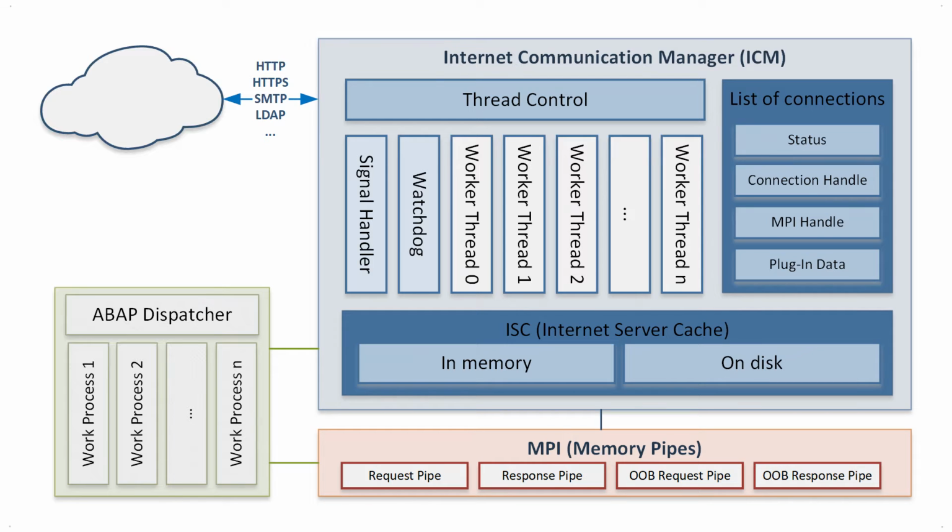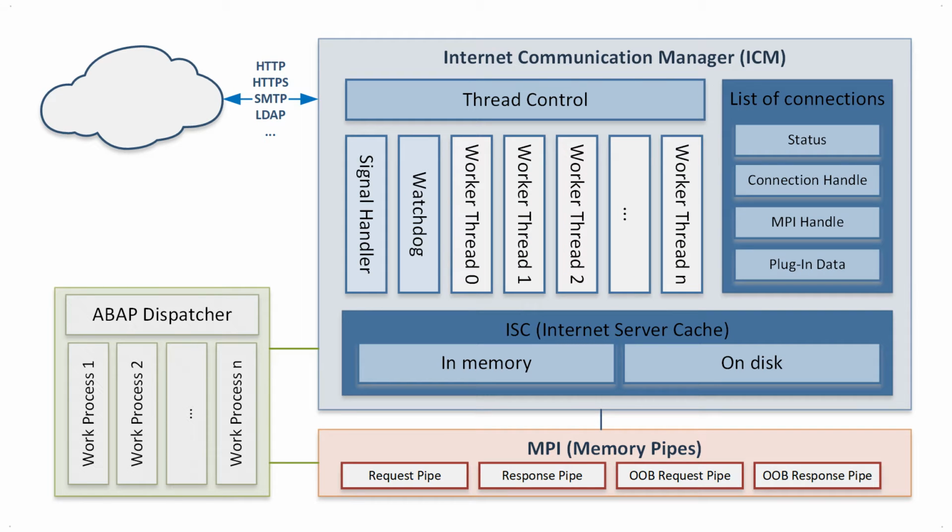Here you have a more detailed architecture of ICM. Wow, that whole blue rectangle is ICM? It looks like a system in miniature by itself, yet you showed that it is just one process. Yes, indeed. When you look at ICM, its architecture may bring to mind the episode in which I described work processes and ABAP dispatcher. ICM has thread control, which accepts connections and distributes them between worker threads, somewhat similar to dispatcher.